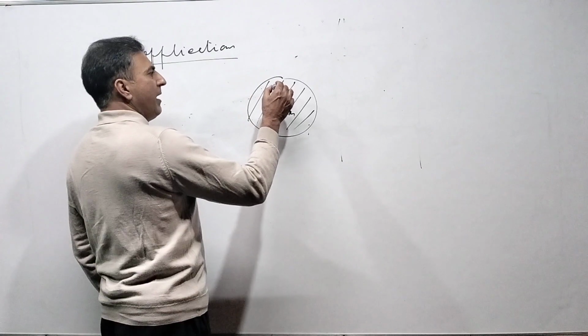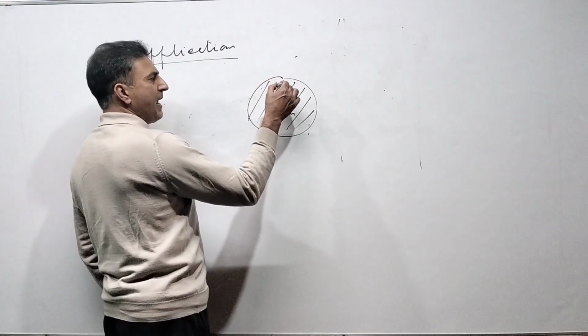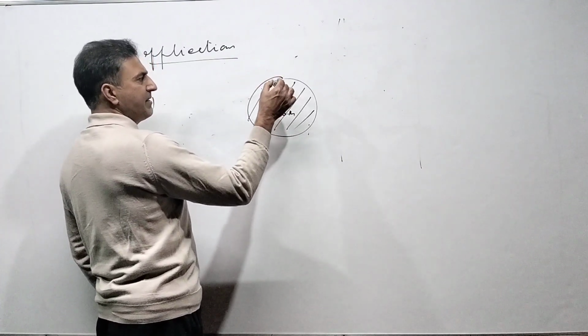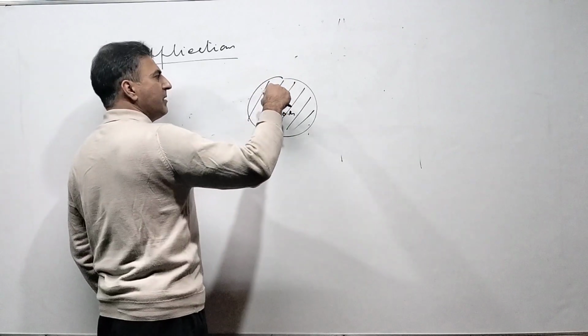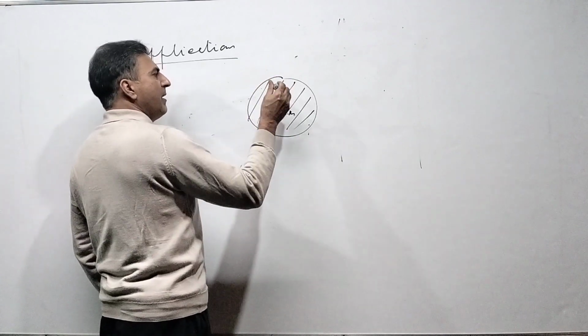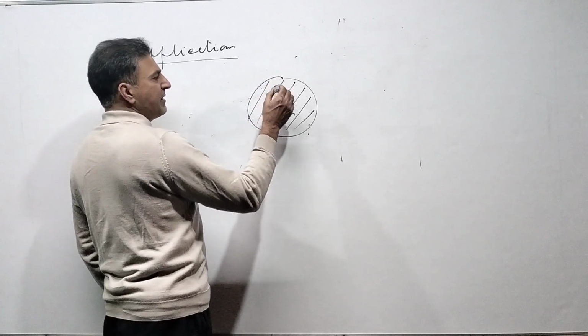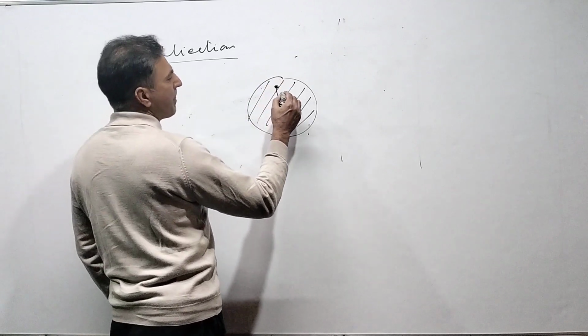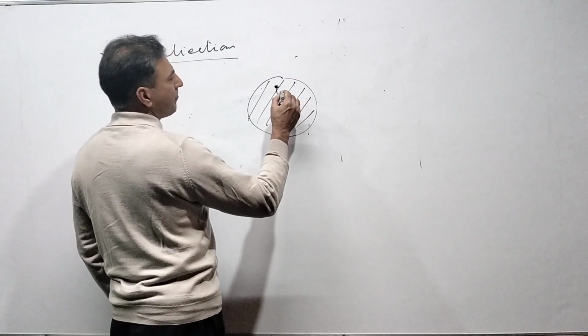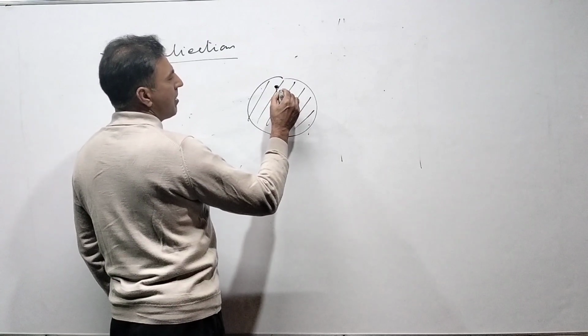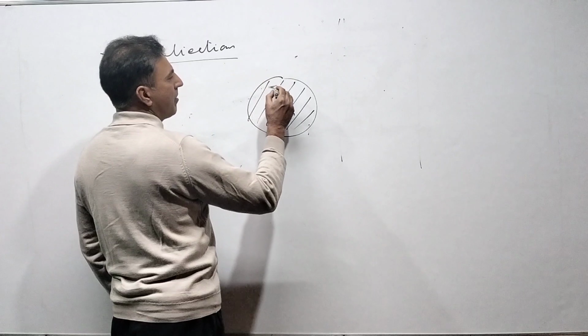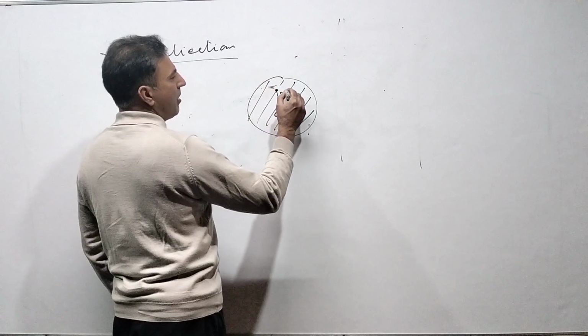Here is the hole, and I pass a needle through the hole. Let that be the axis. Here is a needle passing through the disk, perpendicular to the board. Let that needle be the axis. So what is the distance between this axis and this axis? Let me suppose, okay, r by 2. R by 2.